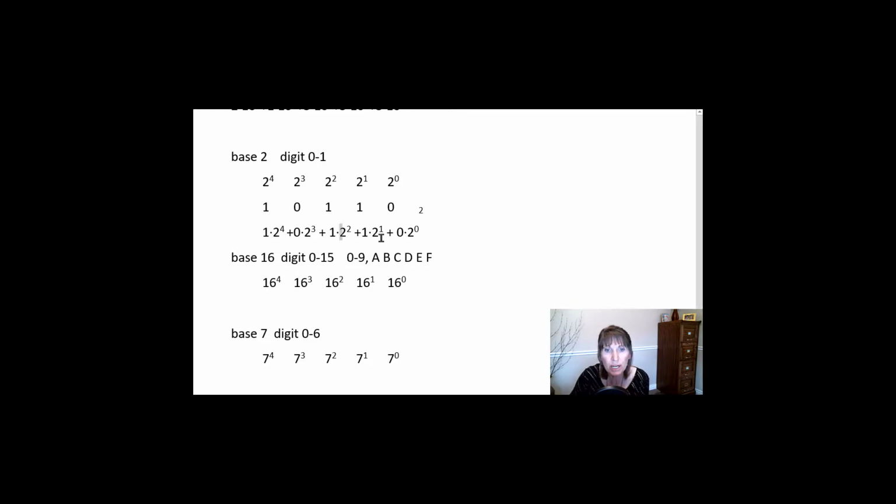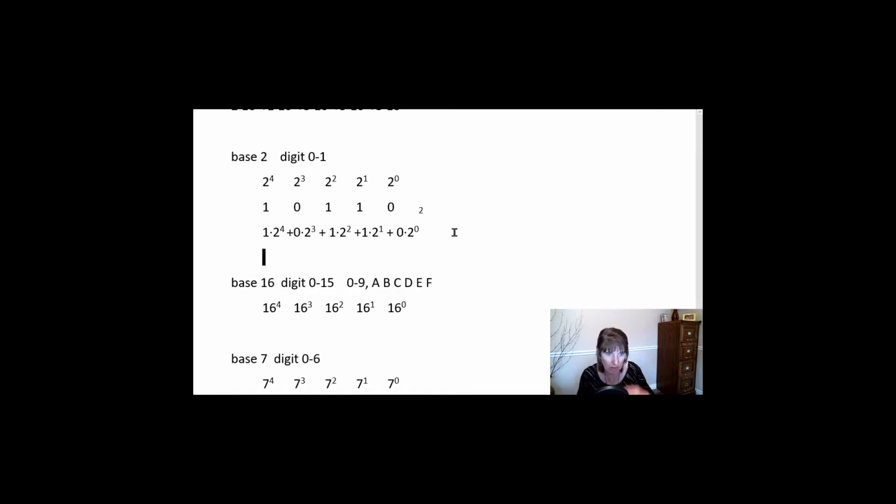Because what we're doing here is converting it to base 10. When we do these calculations, our calculations will be base 10 calculations. So when we do 2 to the 4th, that's 2 times 2 is 4, times 2 is 8, times 2 is 16.